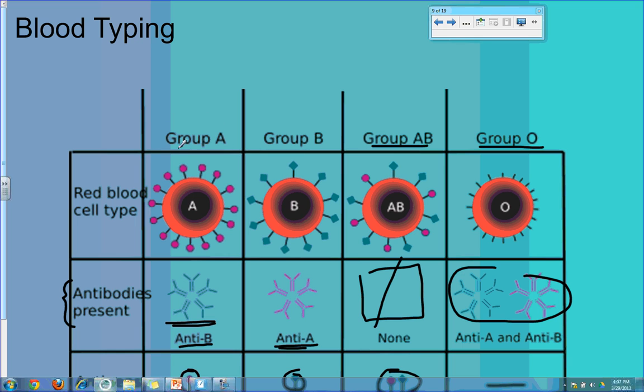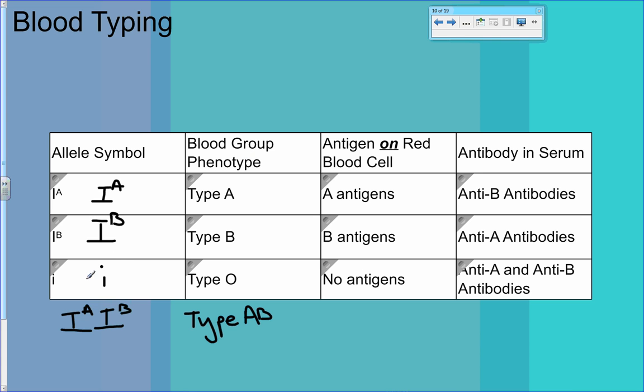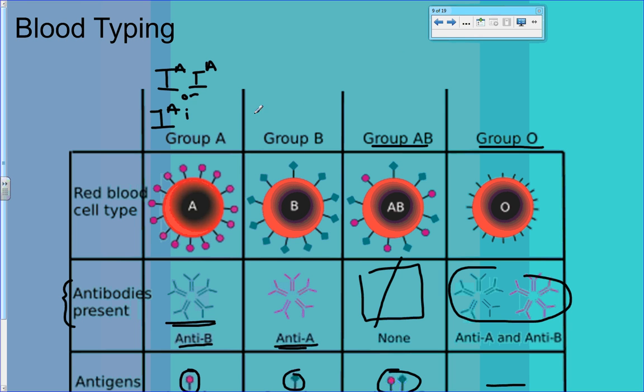Because think about that. That little i means it's recessive. Group B could be IB IB, or IB, little i. Group AB, as we already said, has to be IA, IB. And group O, again, since that's recessive, they have to have two recessive alleles for group O.